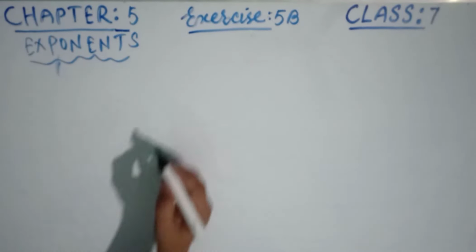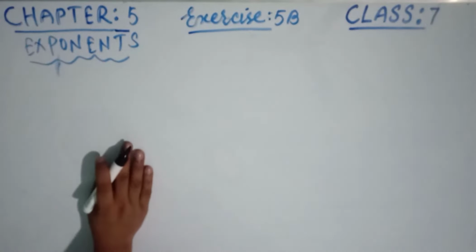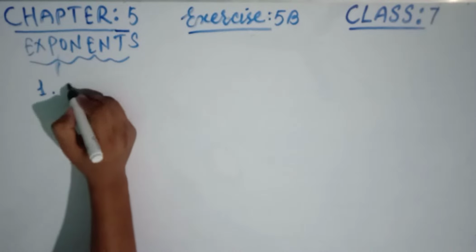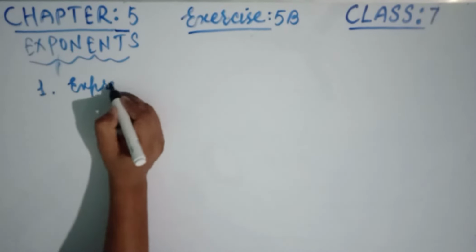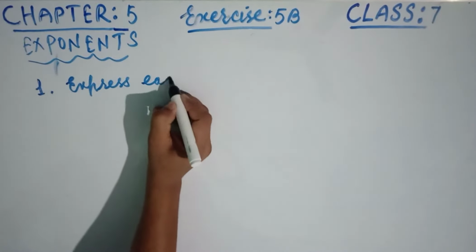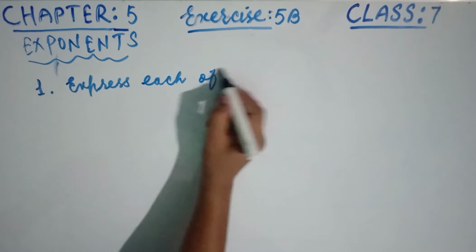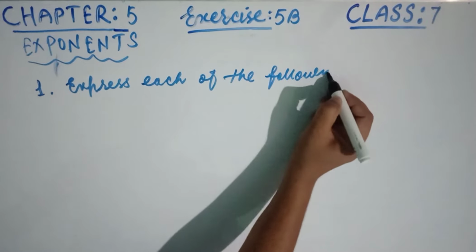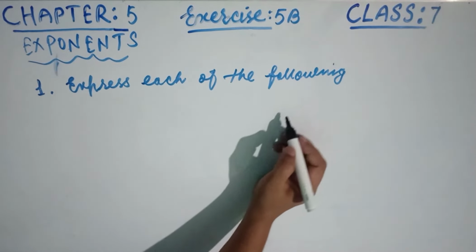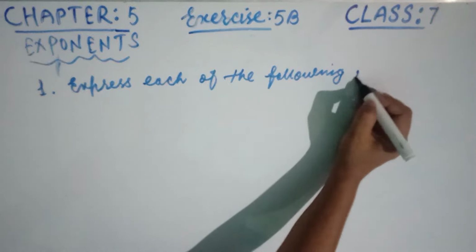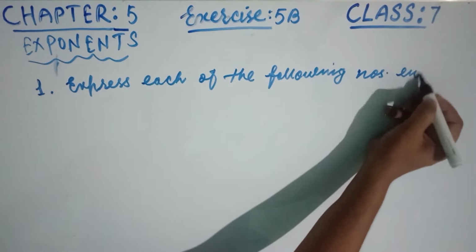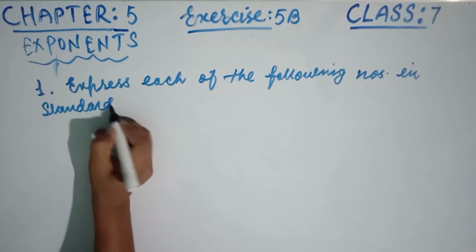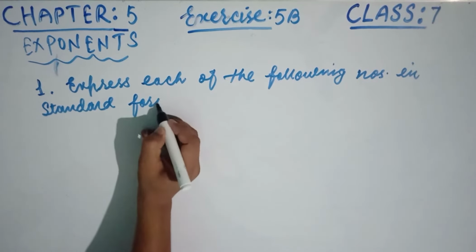Now exercise 5b. Question number 1 says: express each of the following numbers in standard form.